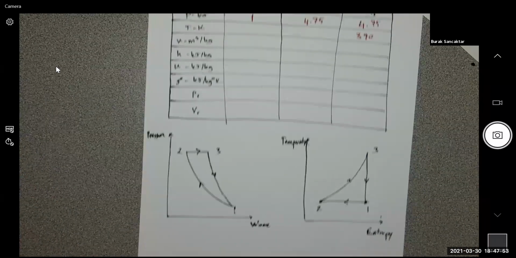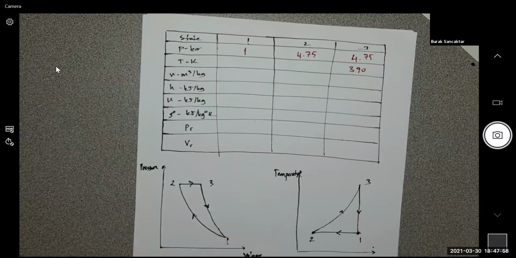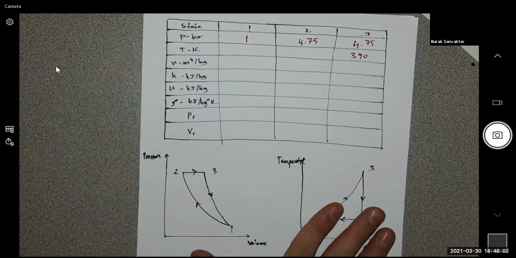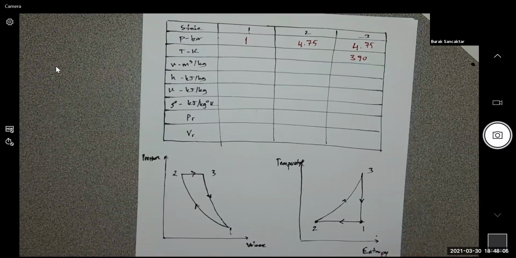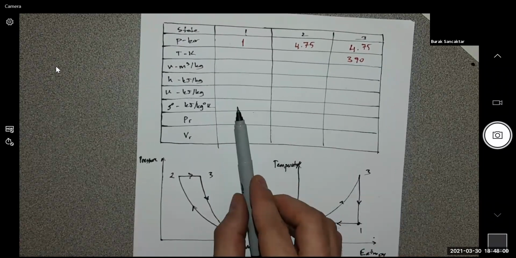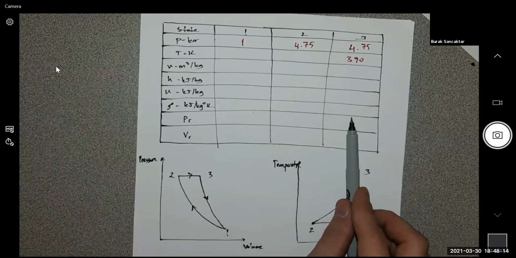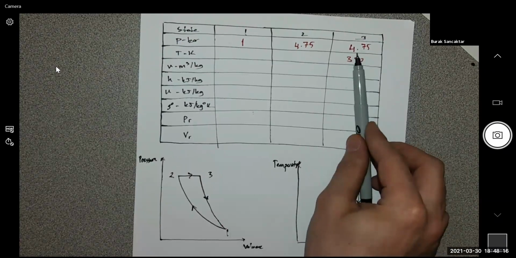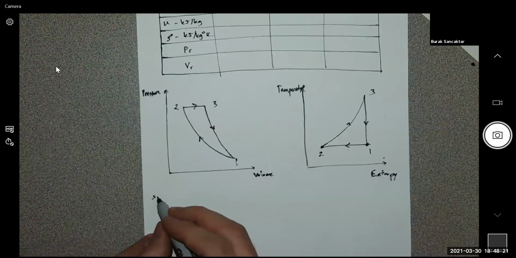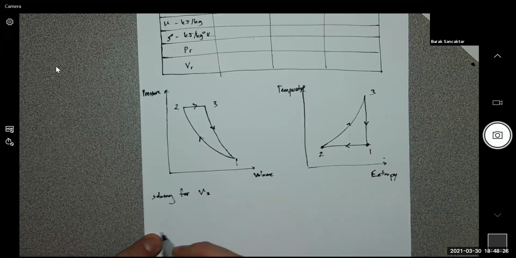Let's start finding my properties for the table to calculate my work, heat, stored energy in the system, entropy generation, etc. Okay? So when I look at the table, I can tell that starting from state 3 is more reasonable because I know more properties. So let's start from state 3 by solving for specific volume at state 3.